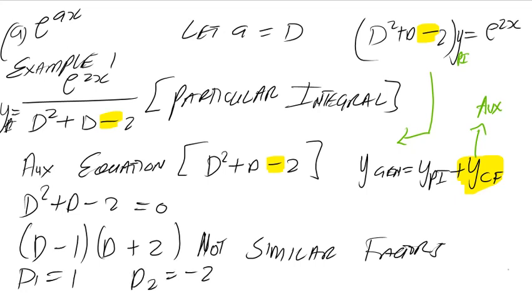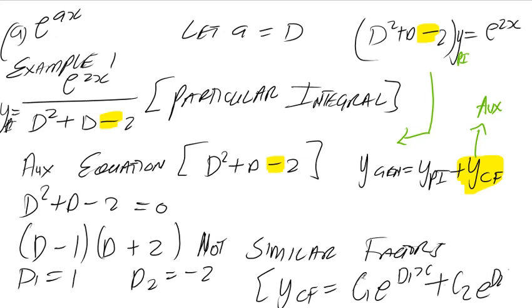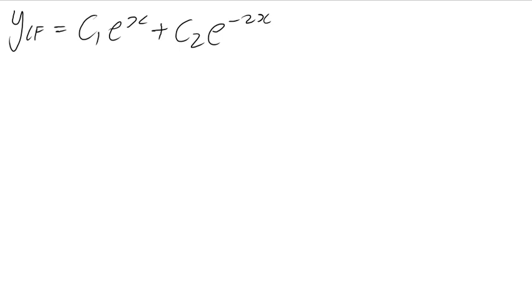Then you use this formula: y CF equals C1 e to the power D1 x plus C2 e to the power D2 x, that's if the factors are not the same. So your y CF will be C1 e to the power of x plus C2 e to the power of minus 2x. That's your y CF.